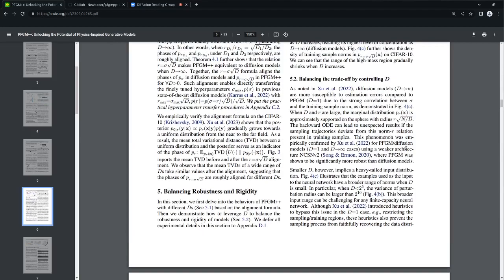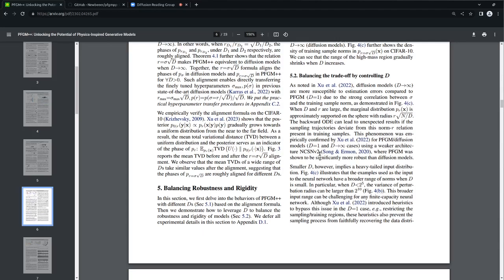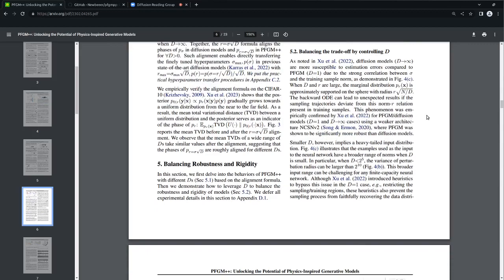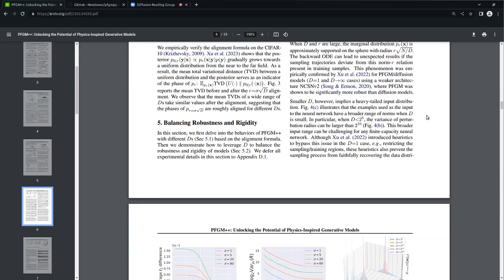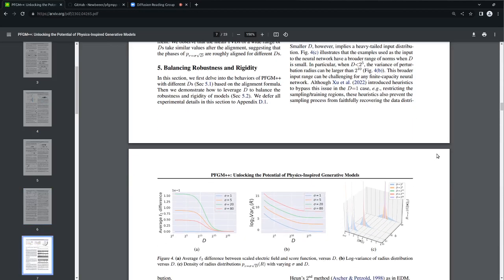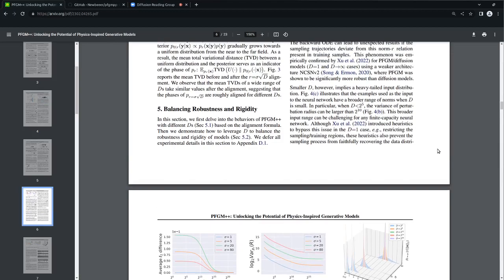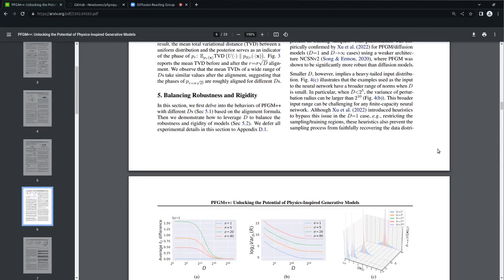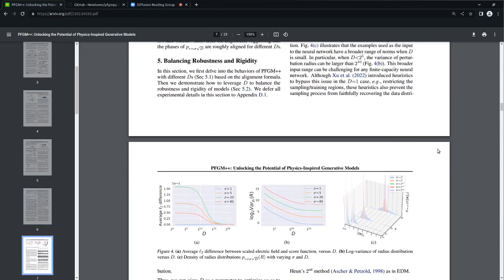They mentioned some other papers that had similar problems, and they say that taking a small d broadens the distribution and maybe makes it a bit more robust. I'm still not sure exactly what they mean by robustness here.